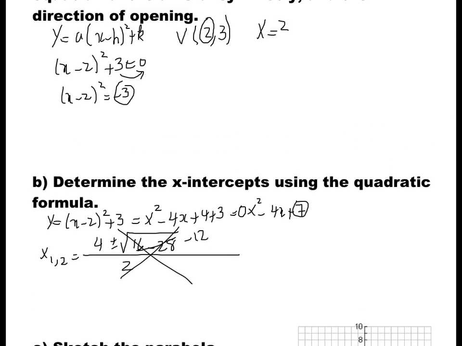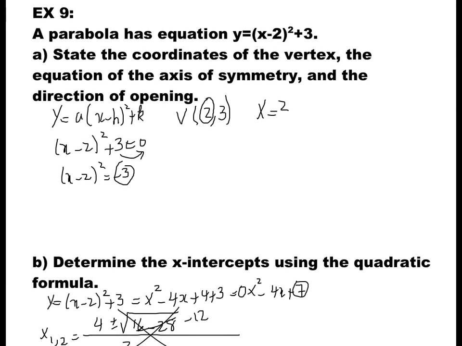But again, we have the following information. First, the vertex is (2, 3). The axis of symmetry is x equals 2. Since the leading coefficient is positive, it opens upward. There are no x-intercepts.